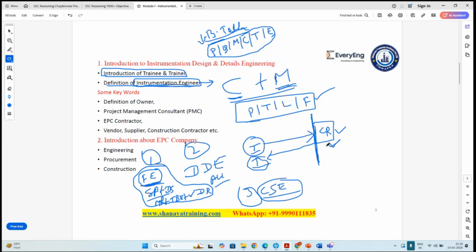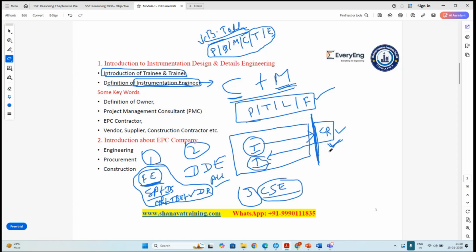But yes, for the deliverable part, the control system engineer will be responsible for preparing the deliverables related to the control room, and the field engineer will be responsible for preparing the deliverable documents related to the instruments from the field side. Since you are doing the instrumentation design engineering training, our area is this one.